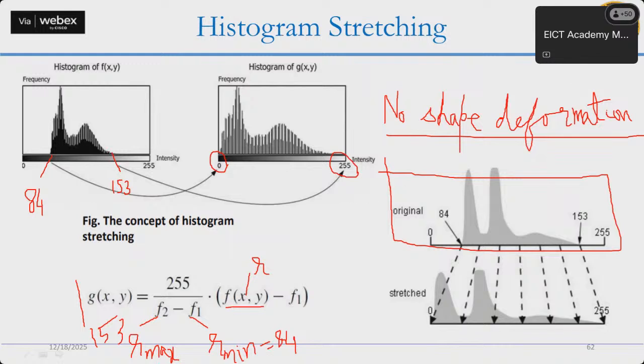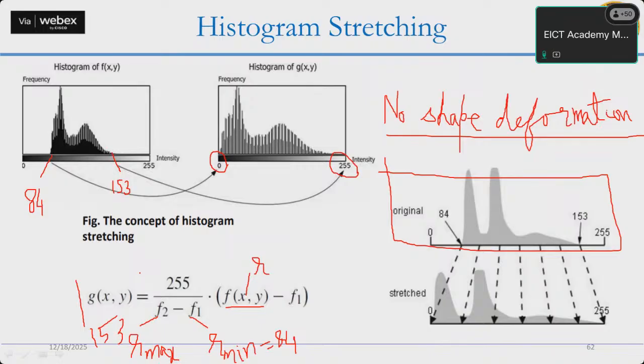X and Y are the coordinates, and f(x,y), we are always acting upon this F value only, this intensity value. The image is varying with respect to the coordinates.